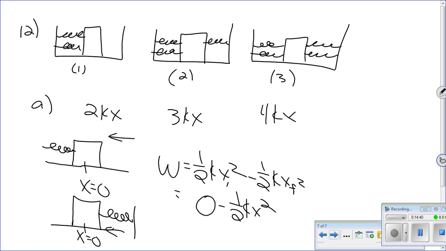Even though technically this is the biggest change in energy, it's losing energy, so it's a negative amount of work. Why would magnitude change that? Because magnitude doesn't include direction, so you're basically just getting rid of positives and negatives. Good? Everybody good? Okay, cool. Thank you for pointing that out, Alex.